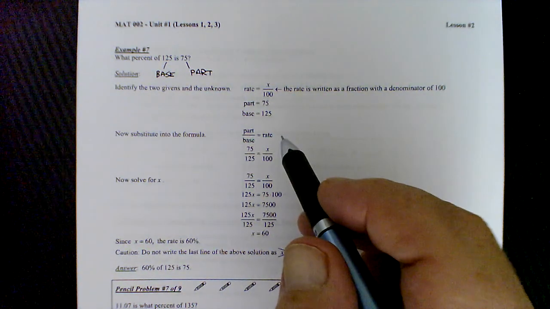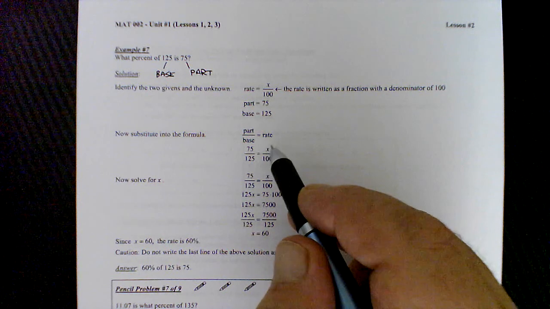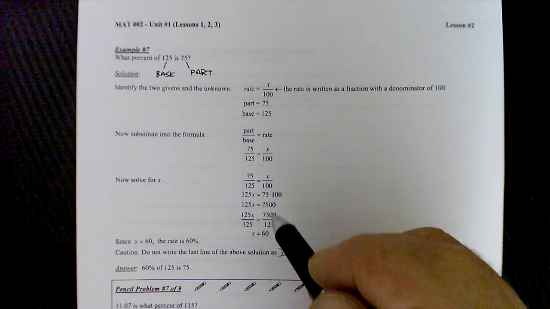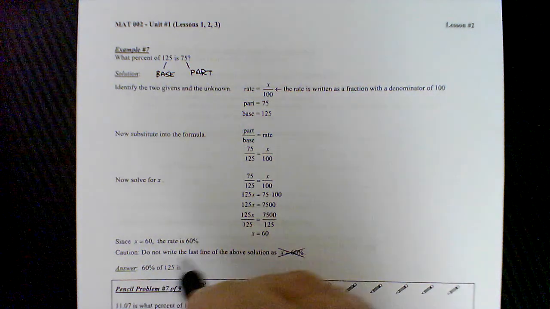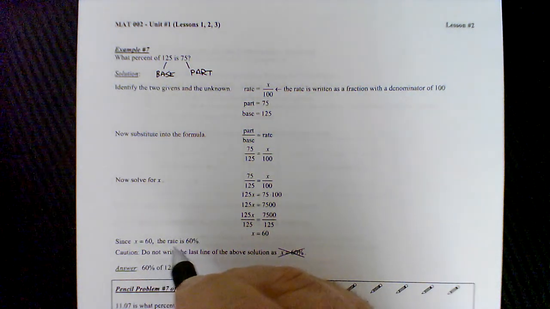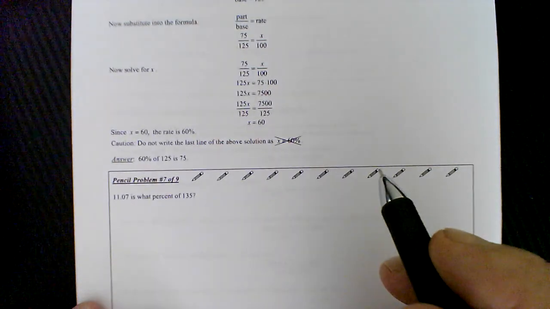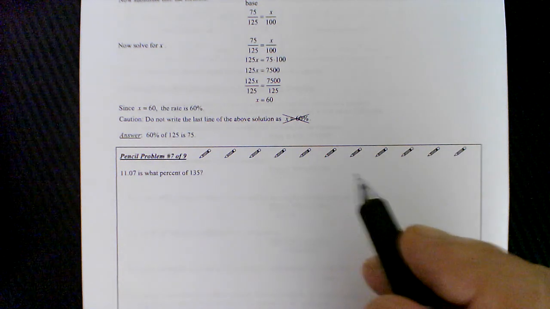We write x over 100, cross multiply and divide, we get 60, and so you have to make sure you add the percent symbol. So x is 60 and the rate is really 60%. That's kind of a subtle point, but the rate is always over 100.